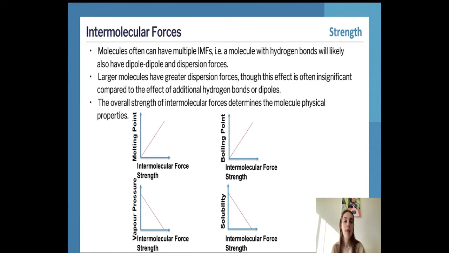We can then consider vapor pressure. Vapor pressure is the likelihood of a molecule to evaporate. Vapor pressure is inversely correlated with boiling point when we're considering intermolecular forces, because boiling point is turning something from a liquid to a gas, and vapor pressure is basically the same concept. It is how likely we are to evaporate something, and so basically the opposite.